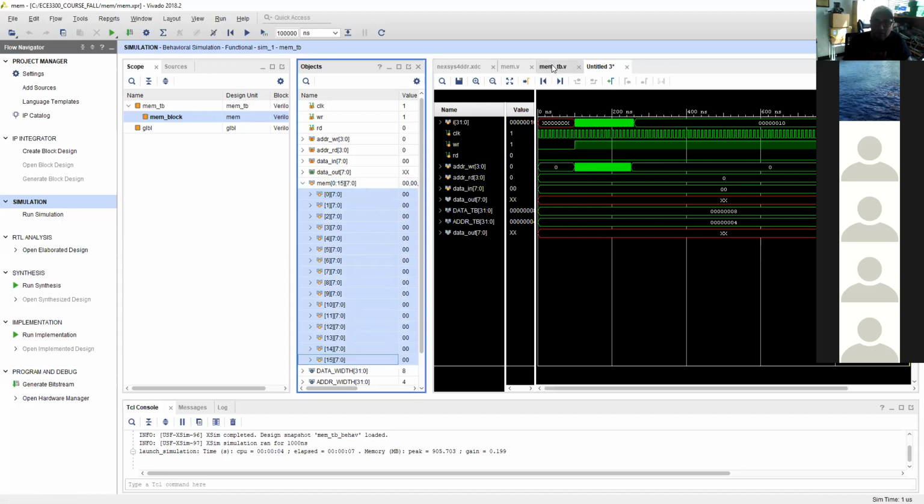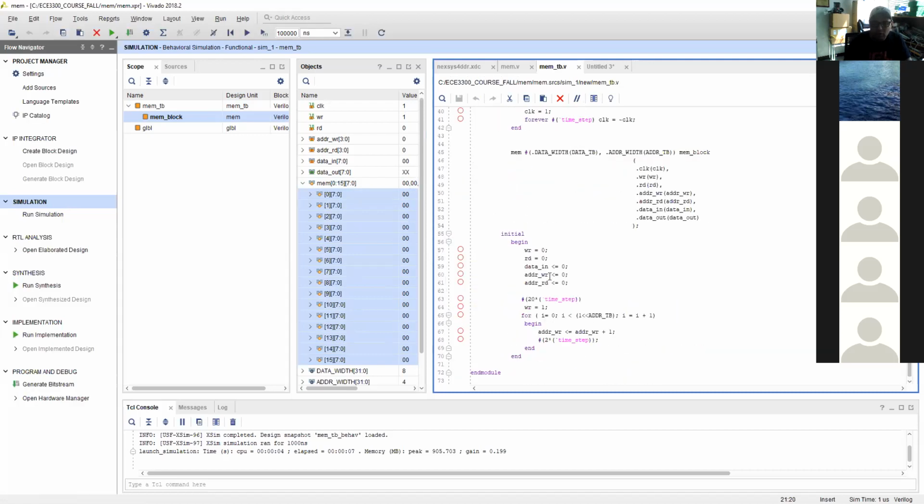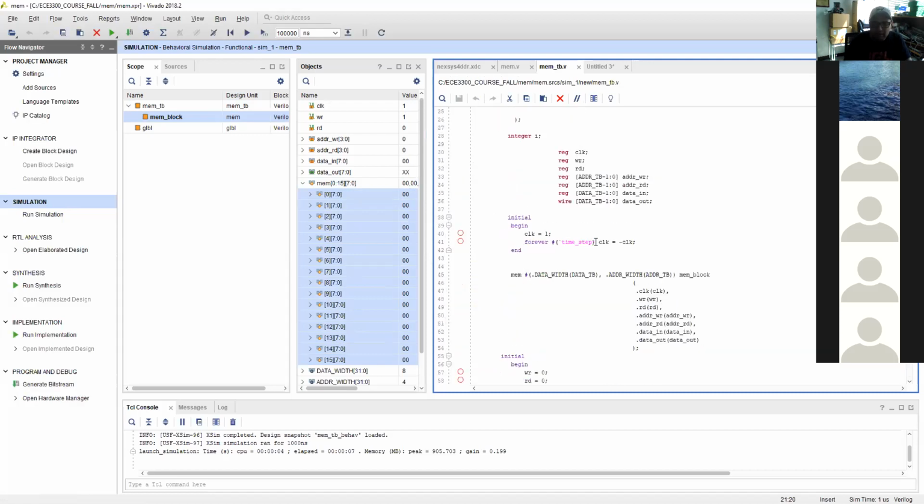Hello? So basically, the step time is not the clock. Step time is not the clock, it's half of the clock. So what I can do, which is better than this, is just say 10, and then I go into the clock itself and set it like this.